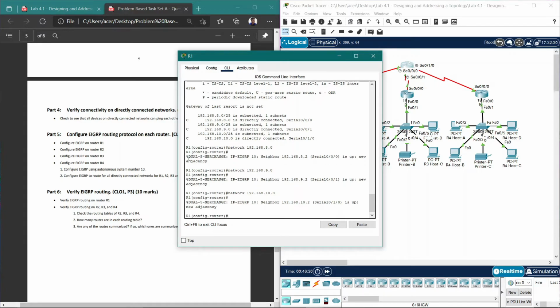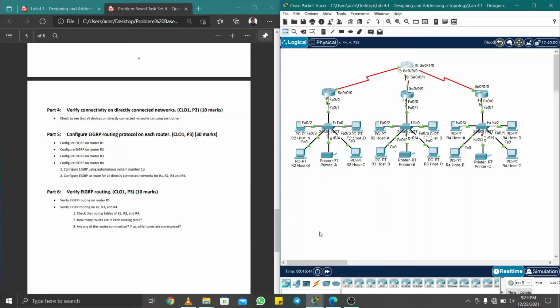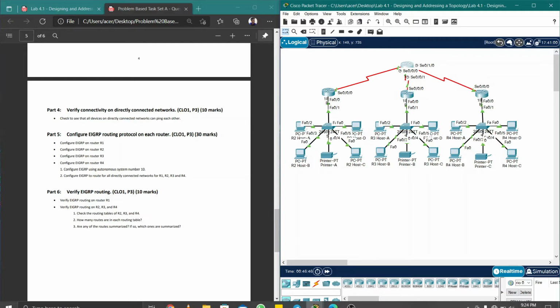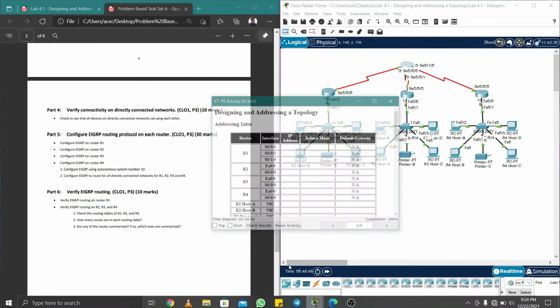Okay, we can see now three adjacencies are connected, from R2, R3 and also R4. So by configuring the EIGRP routing protocol, we can see our completion should be 100%.